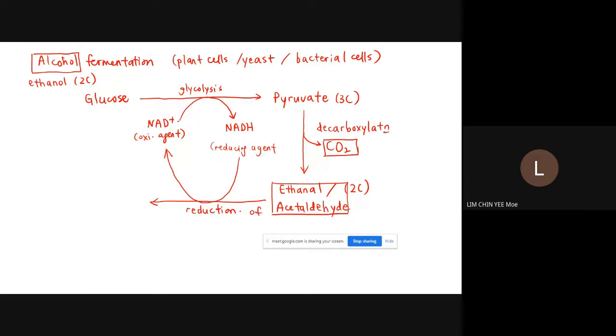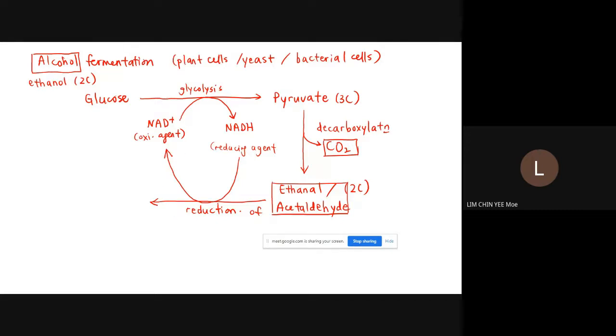Dia mesti ada proses ini. Kalau tak ada, dia tak dapat recycle NAD+, tak ada NAD+, glycolysis tak boleh continue. That's the reason why it's very important to have NAD+. Okay.